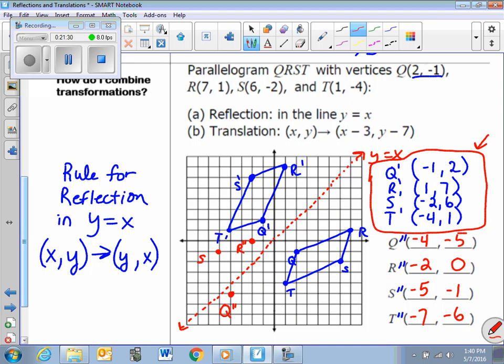There is S double prime. And finally, negative 7, negative 6. 1, 2, 3, 4, 5, 6. That is T double prime. And there is our reflected and translated parallelogram.